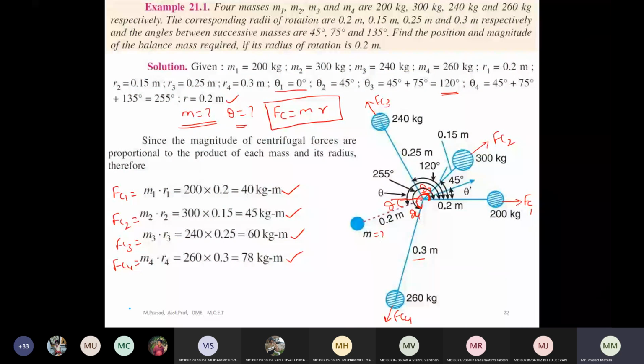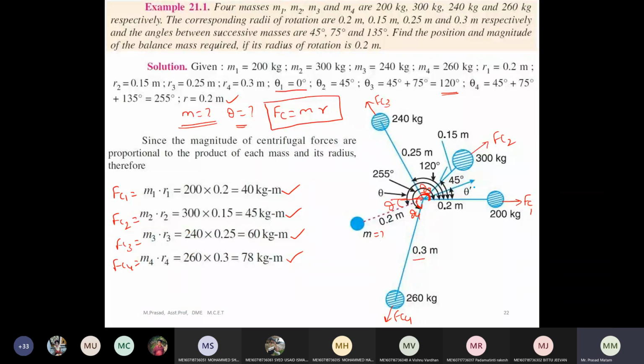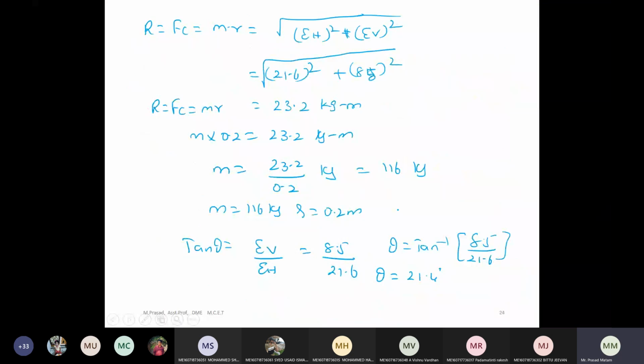With respect to this mass, I'm getting the resultant at angle theta. This theta I am getting as 21.4 degrees, so this is in the first quadrant. If we add 180 plus 21.4, you get the same in the opposite side, in the fourth quadrant. Okay, already we have discussed this.